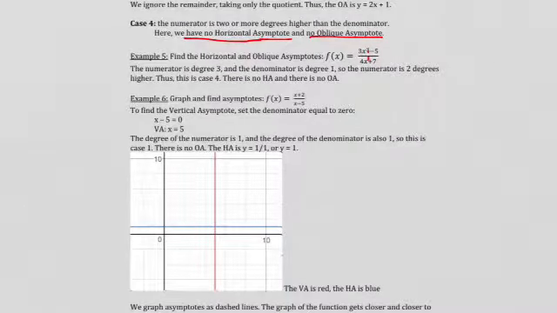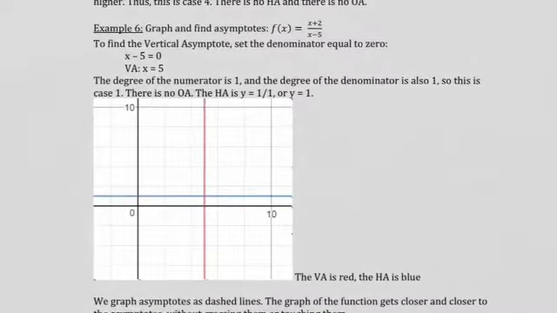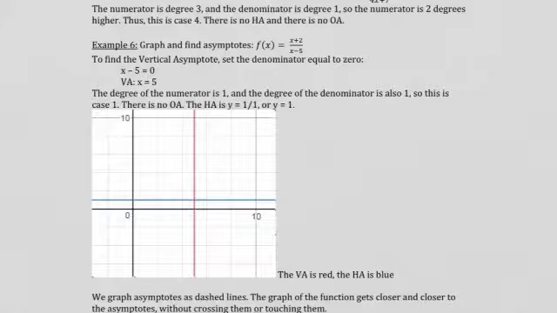So, let's try to graph the example. Let's take a look at example number 6. You have f of x equals x plus 2 divided by x minus 5. If you're looking for the vertical asymptote, you set your denominator equal to 0, which gives you x equals 5. And that is going to be your vertical asymptote.